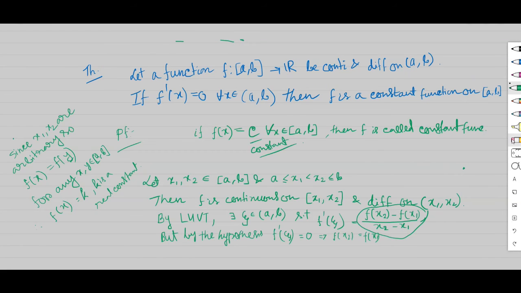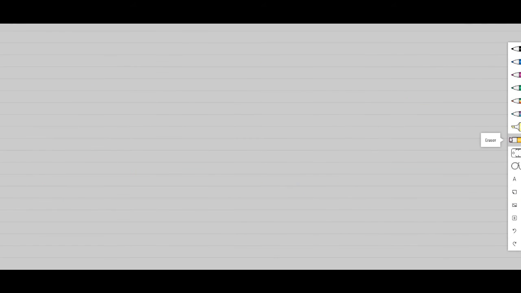Okay, so there is another application of the Lagrange mean value theorem.